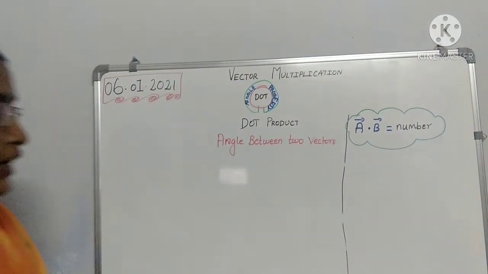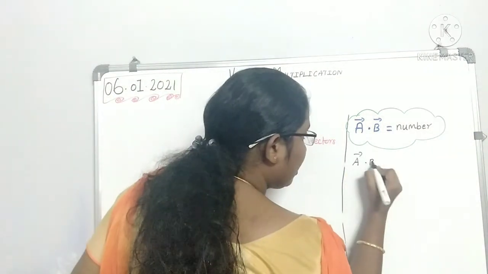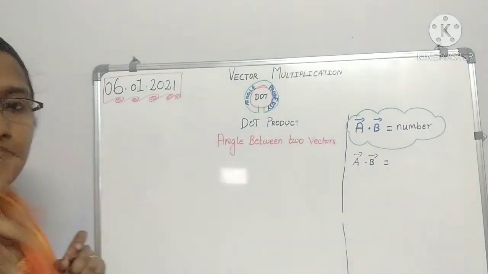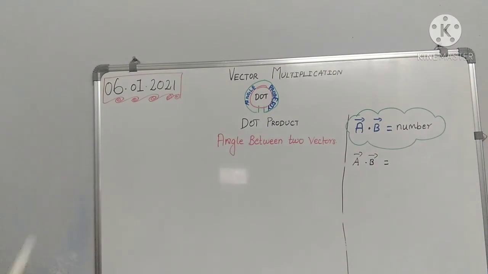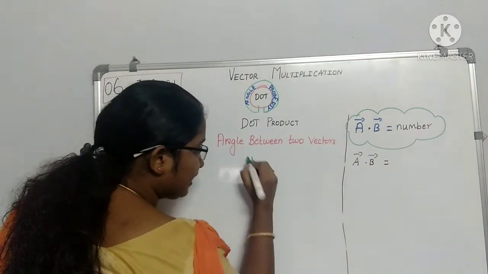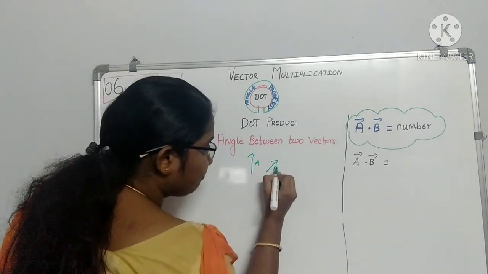Angle between two vectors using dot product will give you A vector dot B vector is equal to... Listen, suppose this is A vector and this is B vector.